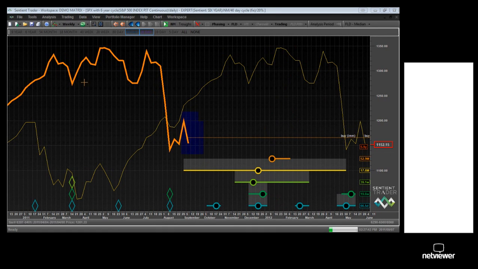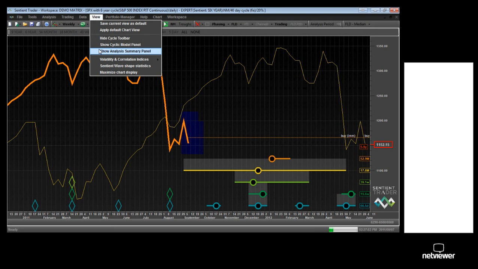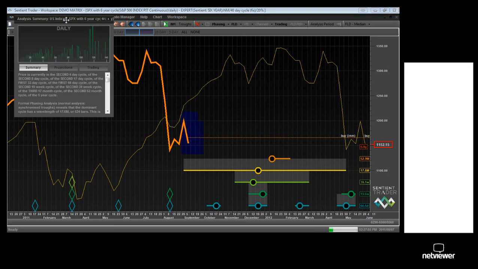So now we can do that with every single FLD, and as you can imagine, that's quite a lot of work, which is one of the reasons why I developed Sentient Trader, because doing this on a manual basis is quite a lot of work.